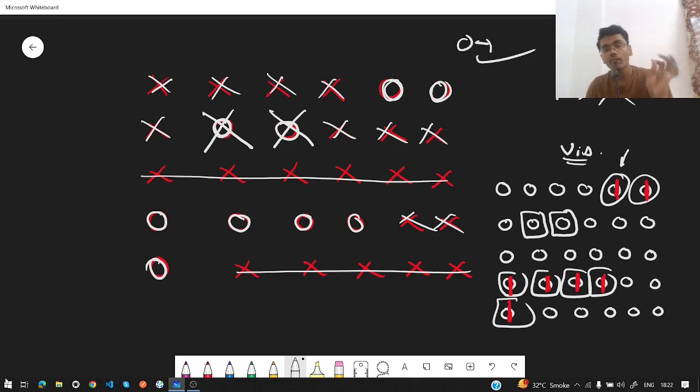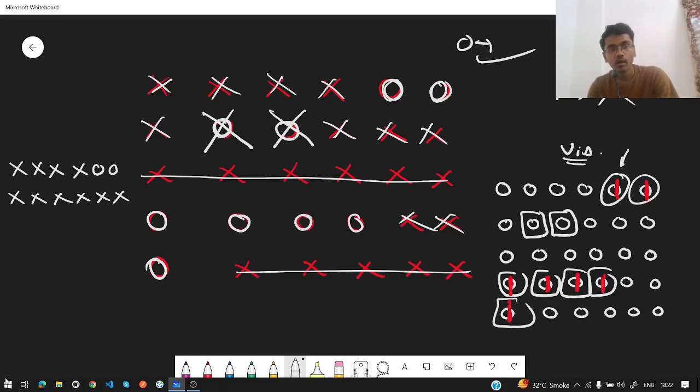So what our final matrix would look like, just redraw it. The first row would look something like this, 4 x's and 2 zeros. The second row would look like this, all the elements here are x only. The third row also, all the cells are filled with x only.